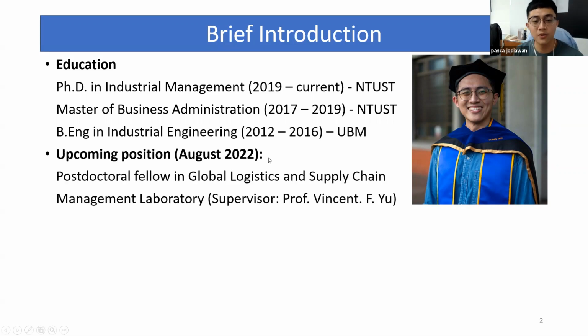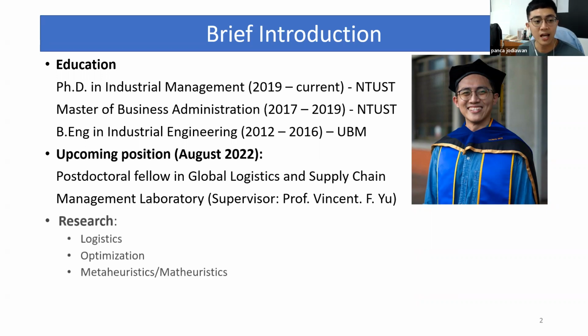For the upcoming position, I hope to start in August 2022. I will become a postdoctoral fellow in the same lab, supervised by Professor Vincent. My research area includes these three big topics: logistics optimization, meta-heuristics, and matheuristics.